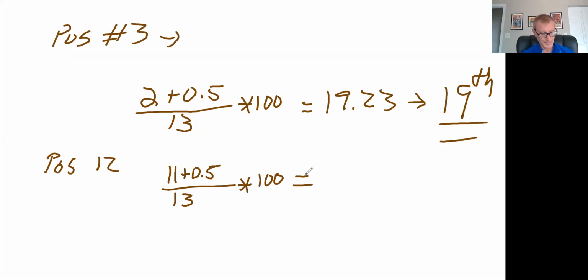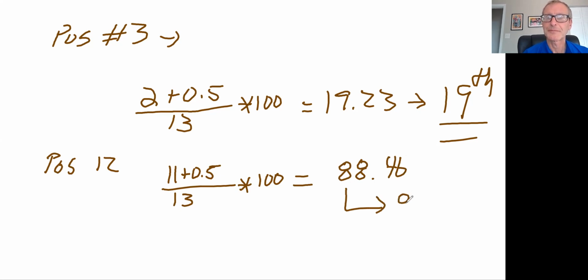When you do this calculation, it's 11.5 divided by 13 and times 100. I ended up with 88.46. Let me round this one correctly. Since 4 is less than 5, we don't round up, we keep that. So that would be the 88th percentile.